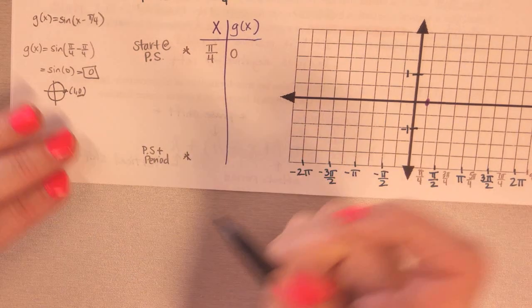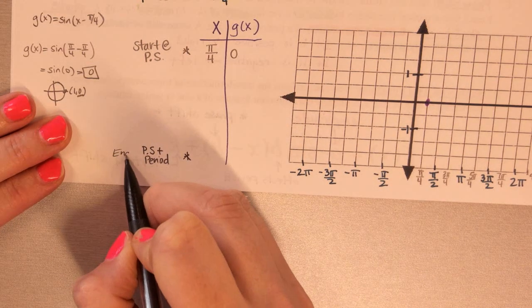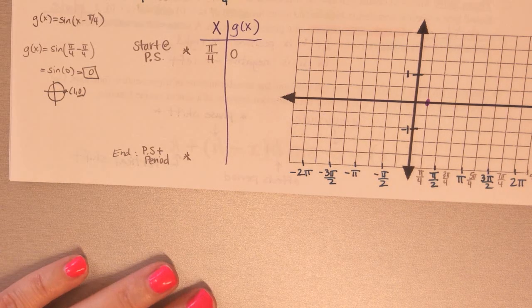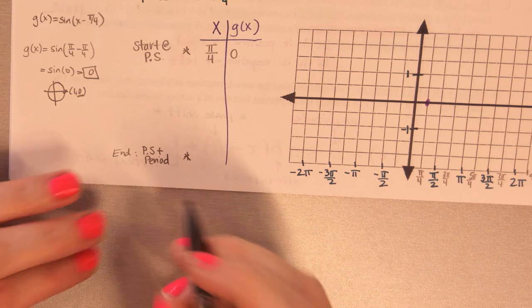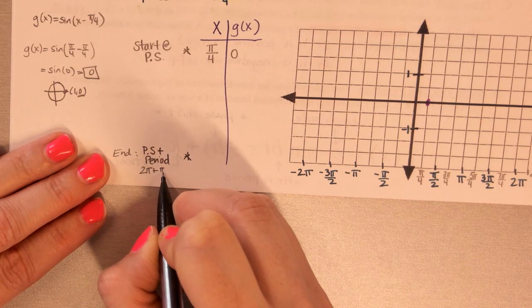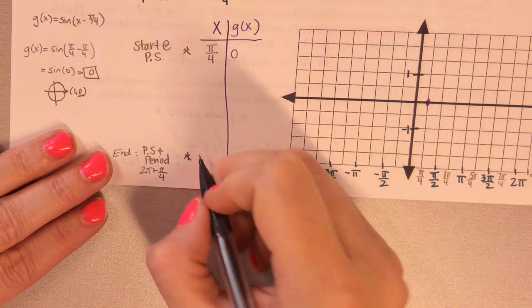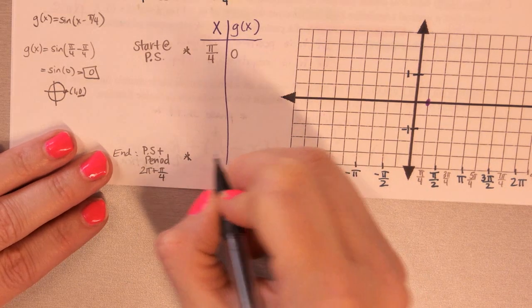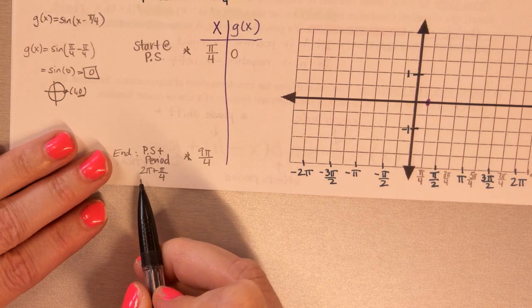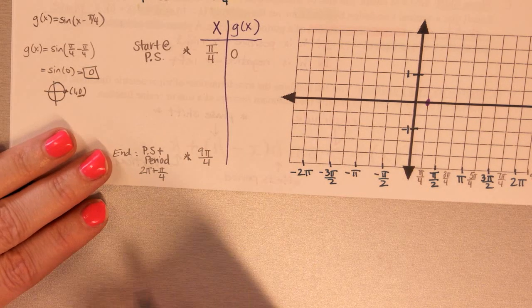That's going to be where you end. So the end is the phase shift plus your period. Okay, so what was our period? 2 pi, so 2 pi plus pi over 4. What's that going to be? Yep, 9 pi over 4, right? Because 2 pi is like 8 pi over 4, and then 8 plus 1.